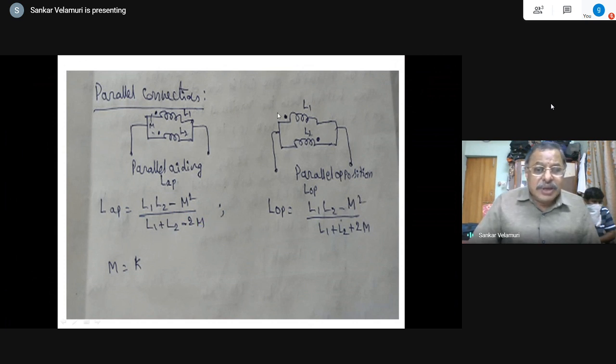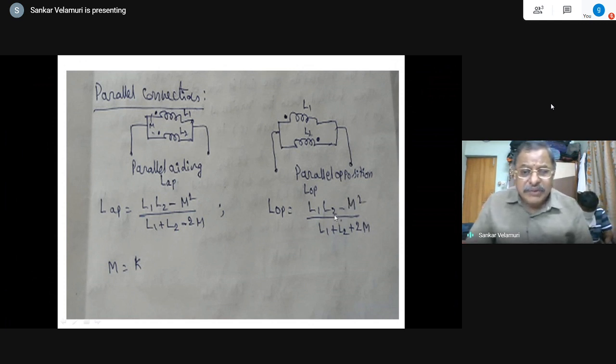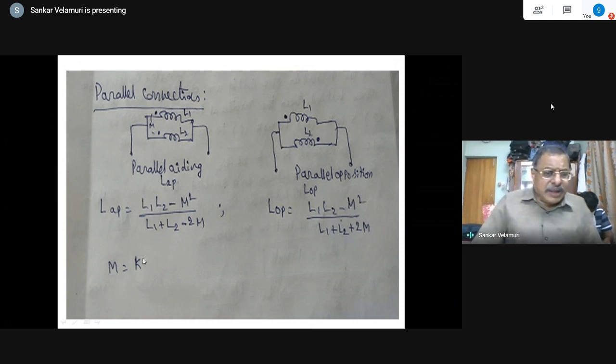And in the other one, parallel opposition, I have given the notation LOP. Here current is entering one inductance and leaving L2. The final value of the derivation is (L1 L2 minus M square) by (L1 plus L2 plus 2M).